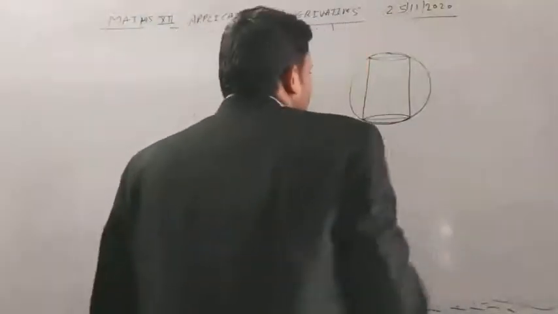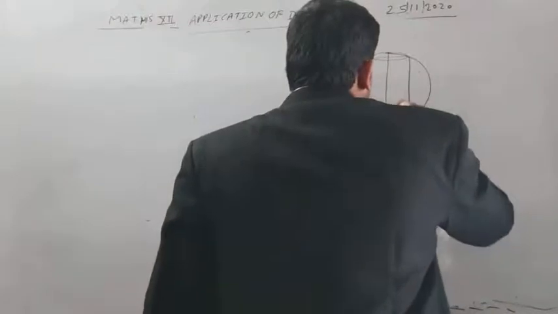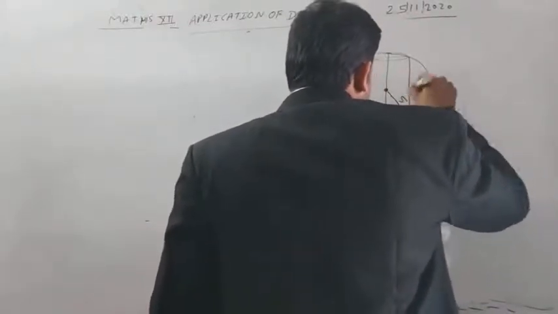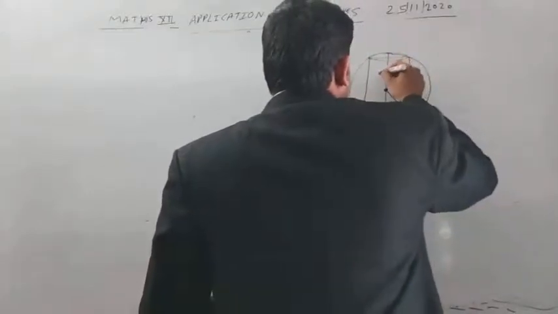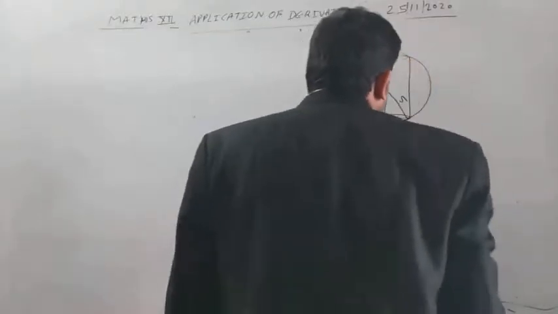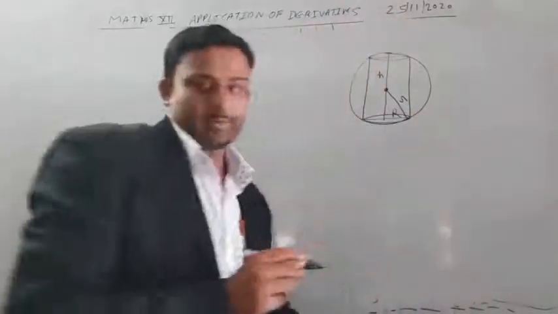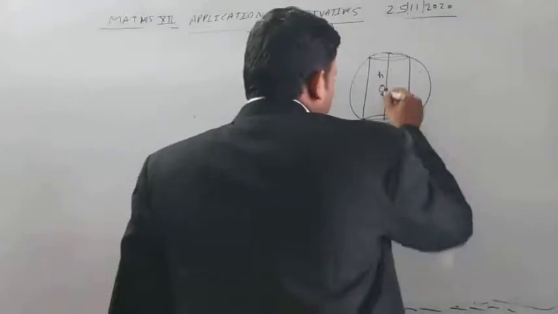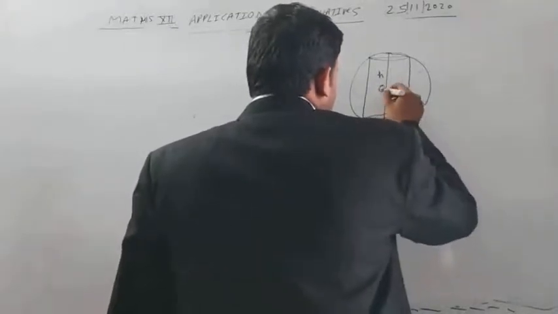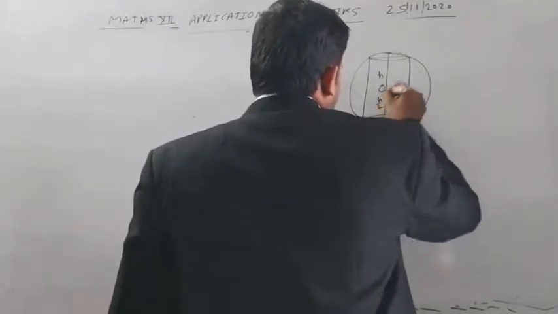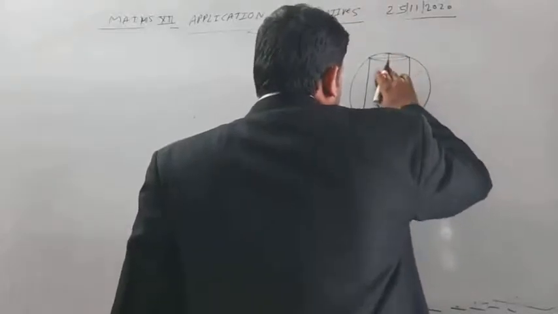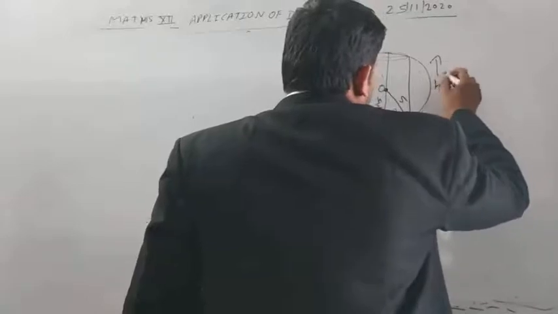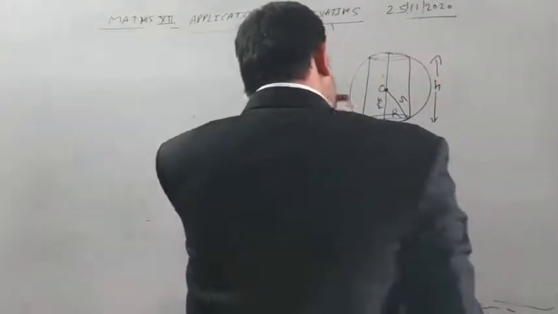Now the radius of the sphere is r, the height of the cylinder is h, and the radius of the cylinder is capital R. The distance OA is h by 2. Sorry, small h is the total height of the cylinder.